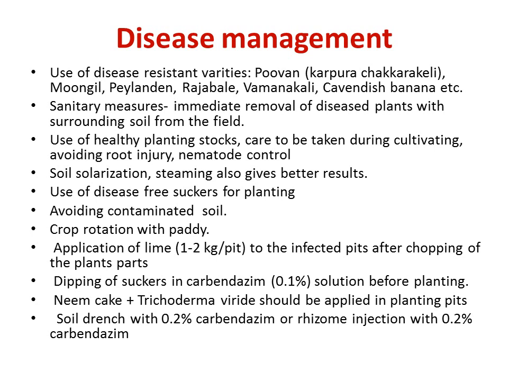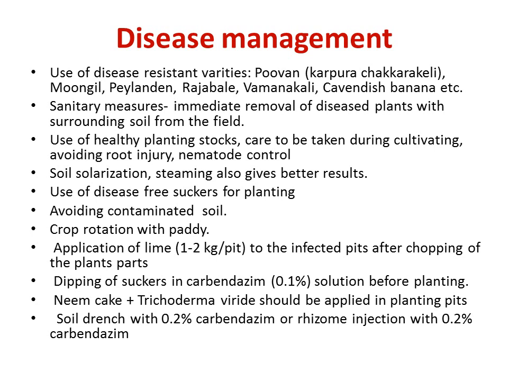Dip the sucker in 0.1% carbendazim solution before planting. Before planting the sucker, it is better to treat it with carbendazim so that the chances of infection can be avoided. Neem cake, as we know, neem is also a very good biopesticide, along with Trichoderma viride, should be applied in the planting pit to get better results.